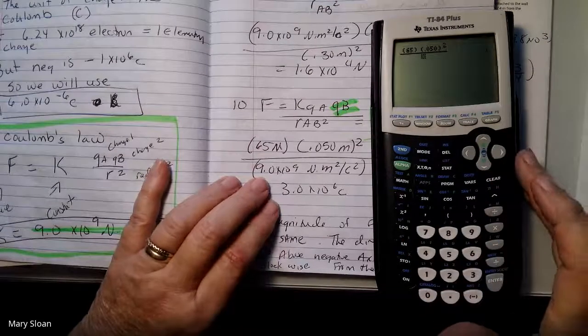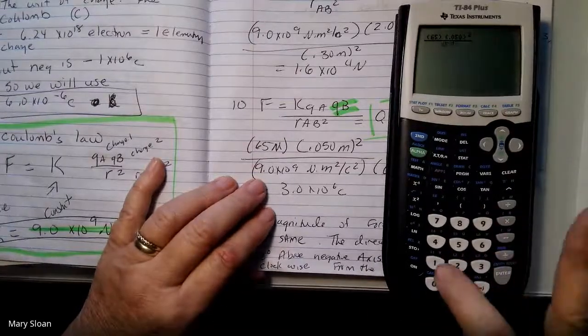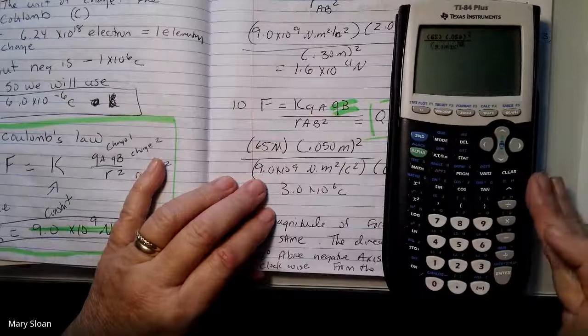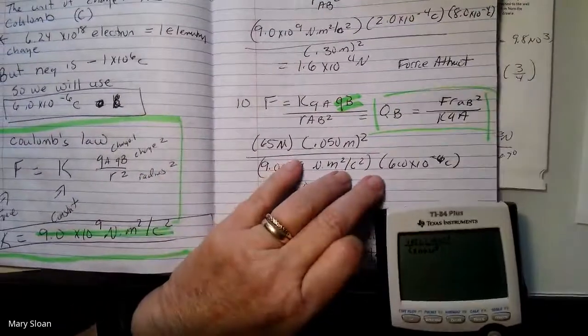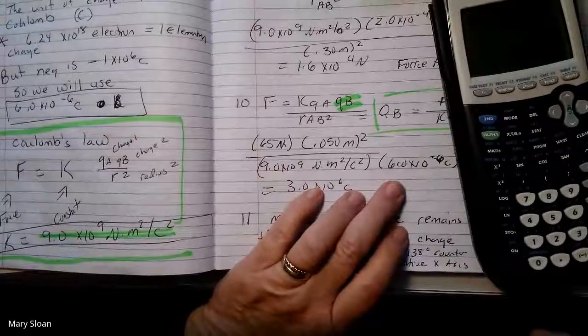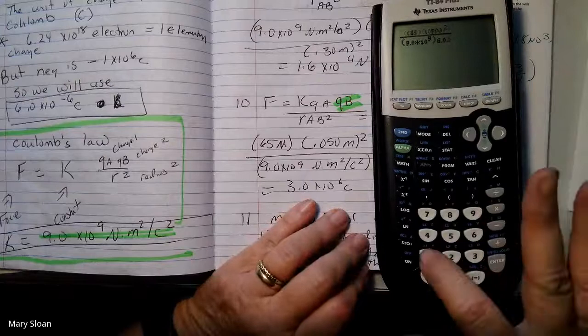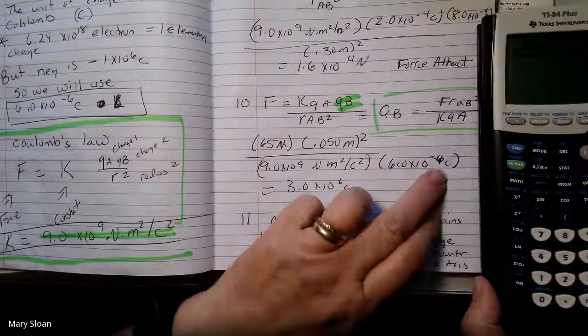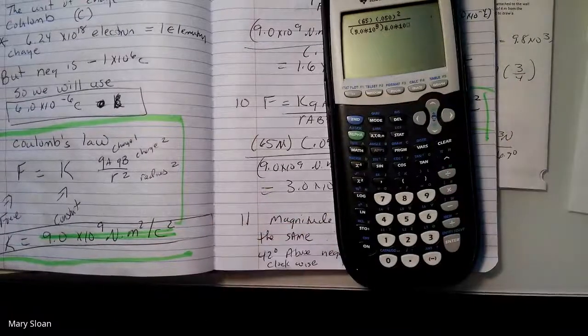And then I'm going to divide that by, open bracket, 9.0 times 10, caret 9, close my bracket, and I'm going to multiply that by my 6.0 times 10 to the negative 6, which is my first charge.